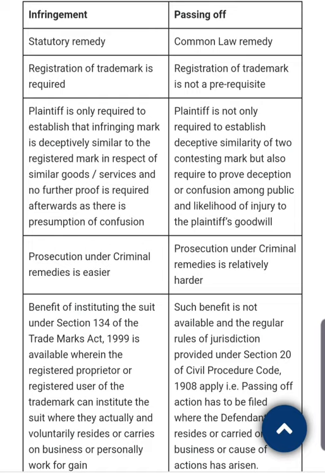One case of cyber squatting is one more, that is relating to Yahoo Inc. versus Akash Arora and others. In this case, the defendant used Yahoo India, and this Yahoo India domain name was deceptively similar to the plaintiff's domain name Yahoo. So the defendant was restrained from using Yahoo India.